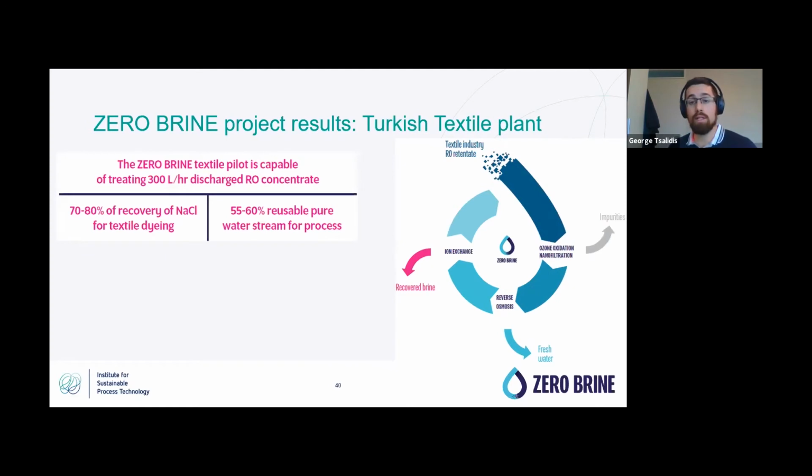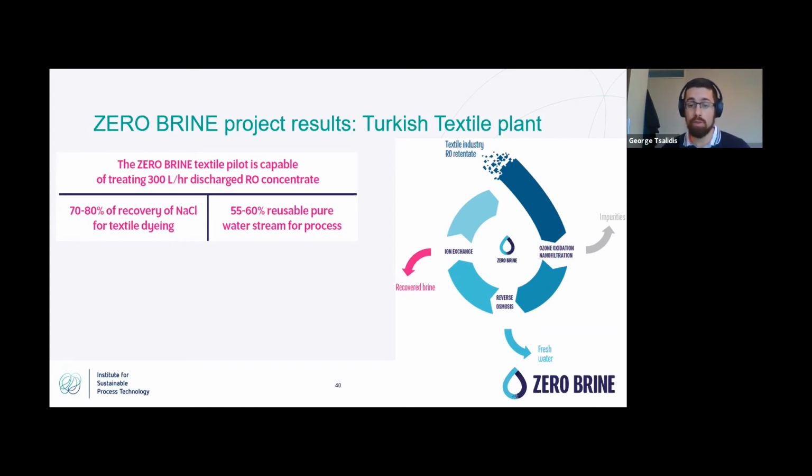And then finally, in the Turkish textile plant, the reverse osmosis retentate, or reverse osmosis concentrate, is going to be oxidized with ozone, and then nanofiltration and reverse osmosis are going to be employed in order to remove impurities and to recover fresh water, respectively.